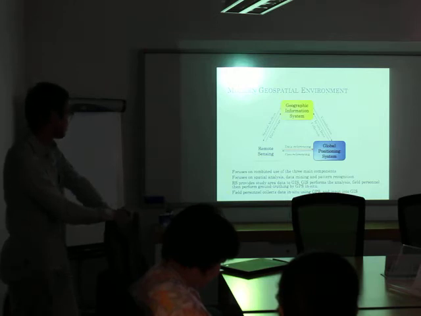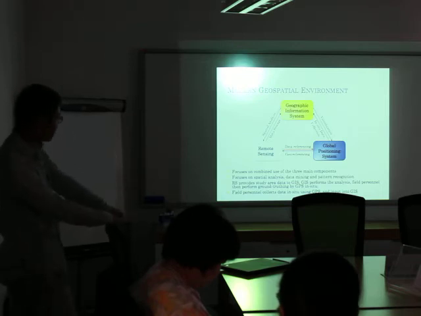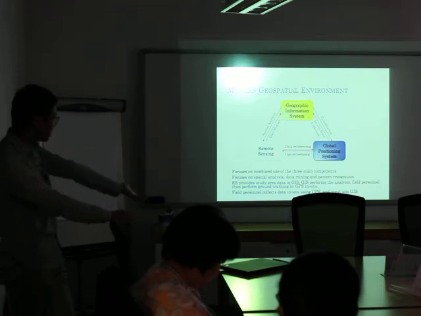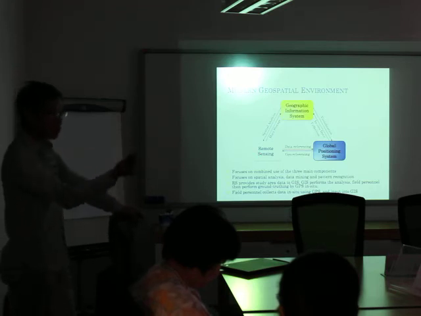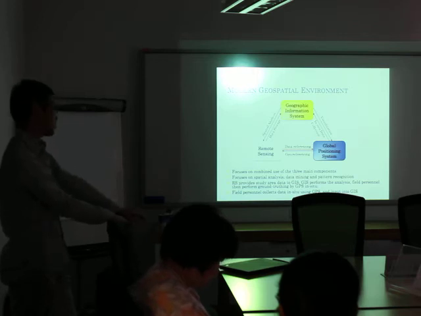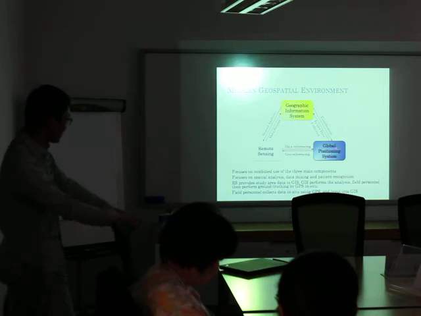If you want to perform spatial analysis, you need GIS as a platform, but you need data from remote sensing. If you want to visualize yourself on Google Maps, you need a geographical information system as a platform as well, and then use GPS for your location or the location of others.